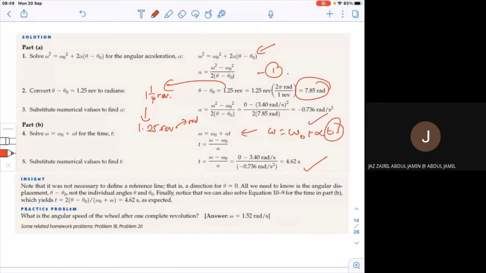Omega final is 0, because the spin will stop at the bankrupt space. This is omega naught, this is omega final, and this is the acceleration. Lastly, you get the time, which is equivalent to 4.62 seconds.